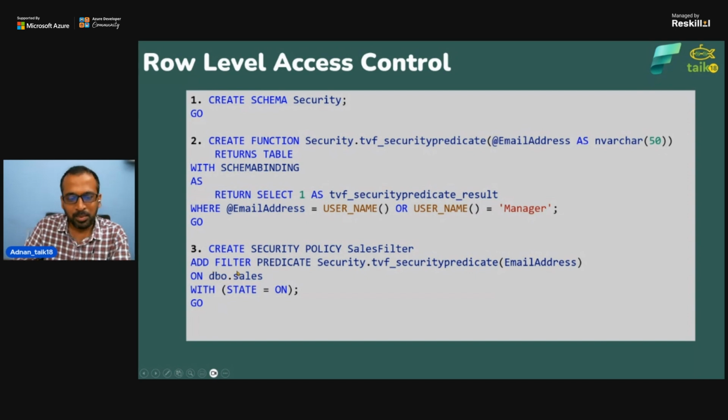With state equal to on, this is also a mandatory thing, because if you turn off this security feature, then row level security is not going to apply. So state has to be on. You need to mention the column name, which is the email address here, and also the schema with the table name here. So right now I'm applying the security policy on the table dbo.sales on the column email address here.